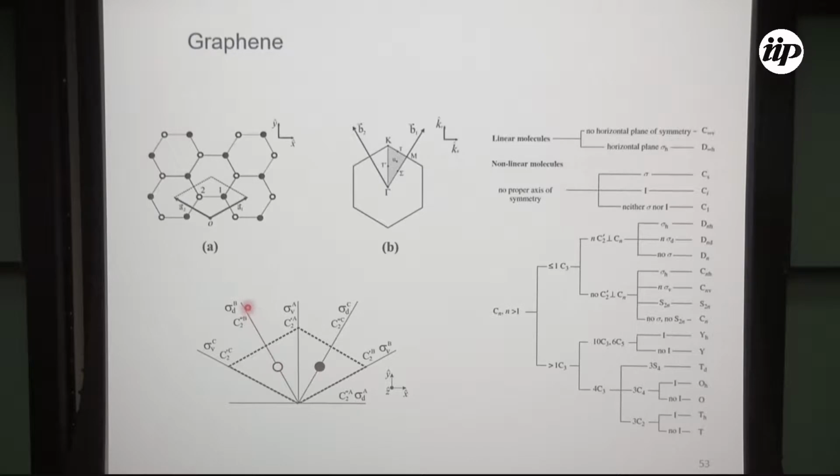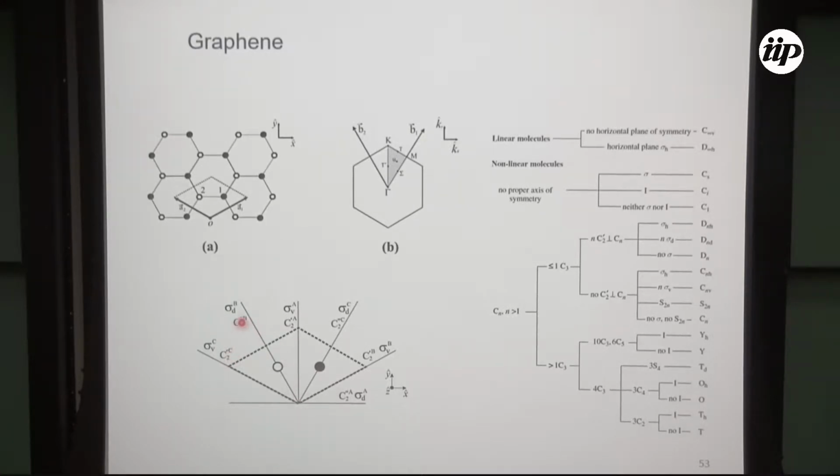We have another mirror in this direction, and another mirror in this direction. This is a vertical mirror, and we have another family of vertical mirrors here. I call it the diagonal mirror, but we have two families of vertical mirrors here.